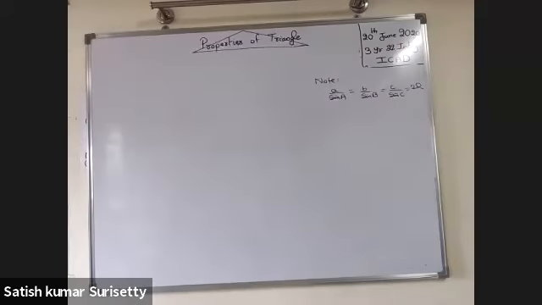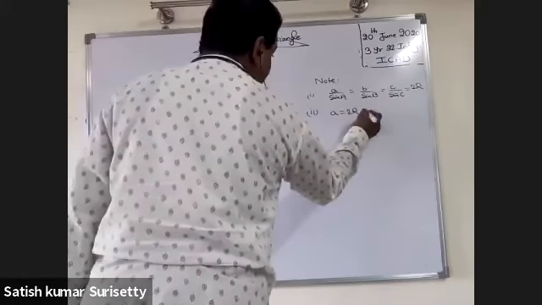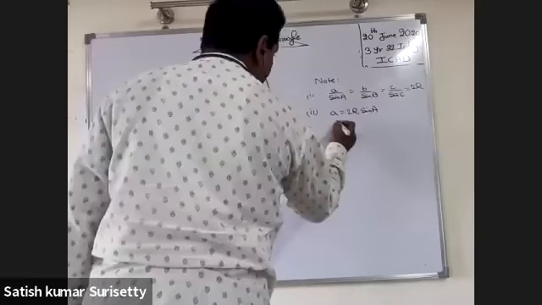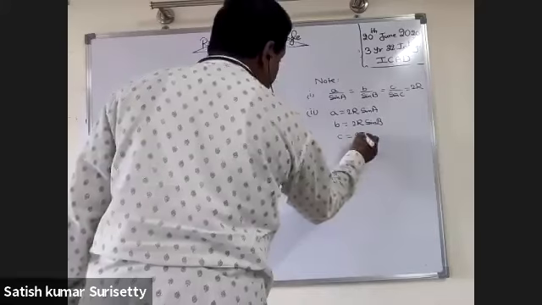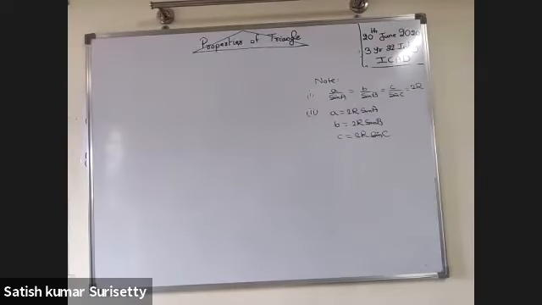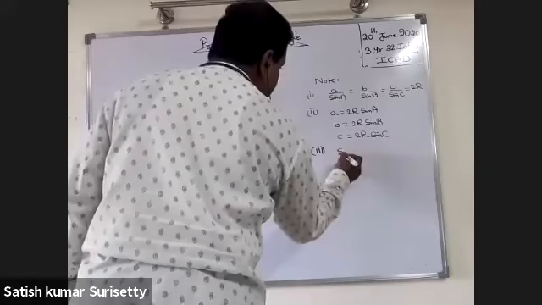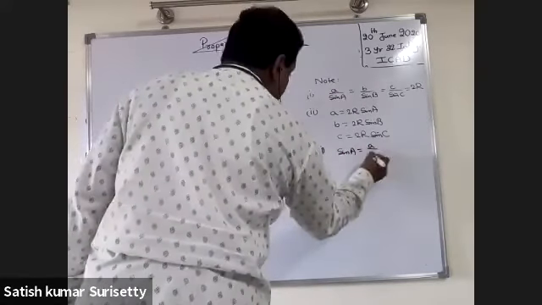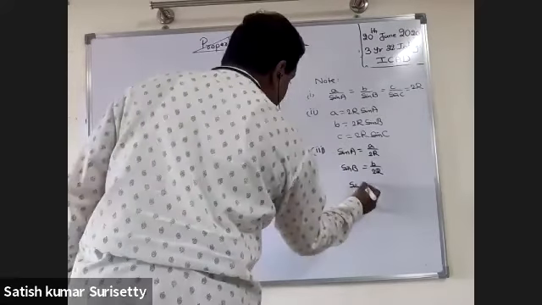That is, sides are in proportion to the sine of the opposite angles. So from this, you can rewrite as a equals 2R sine A, b equals 2R sine B, and c equals 2R sine C. So in numerical problems, you may use a equals 2R sine A, b equals 2R sine B, c equals 2R sine C. Or sine A equals a by 2R, sine B equals b by 2R, sine C equals c by 2R.